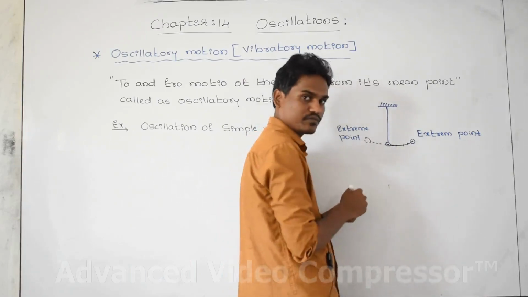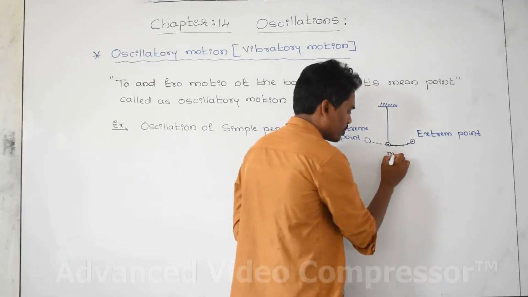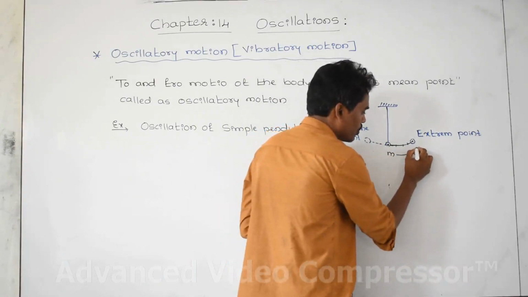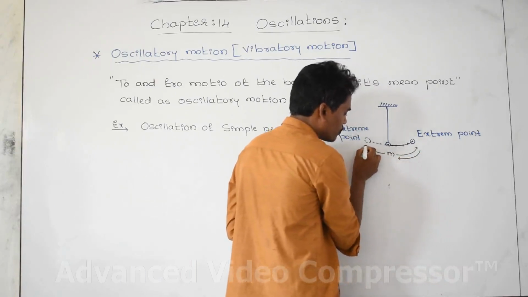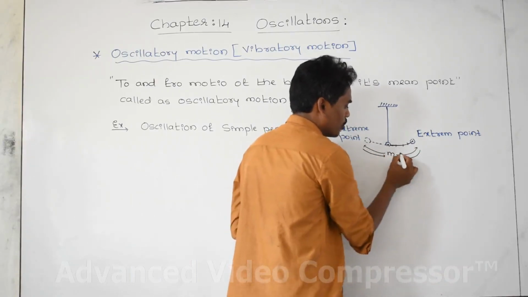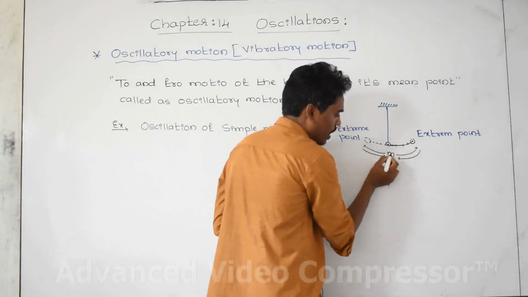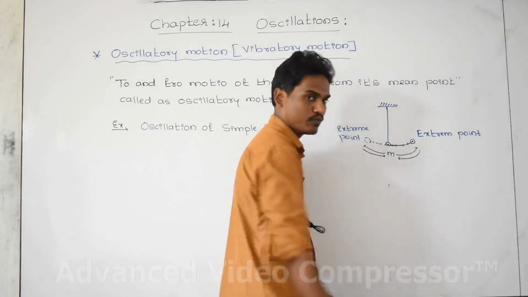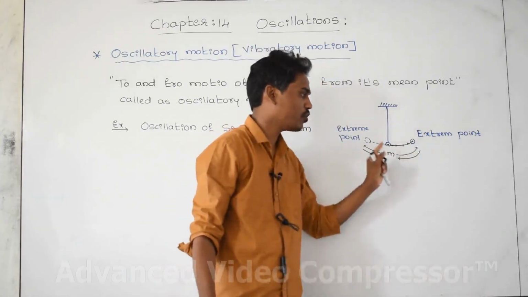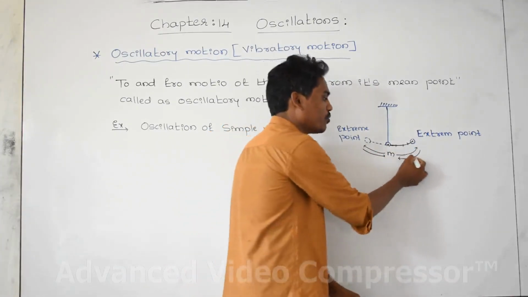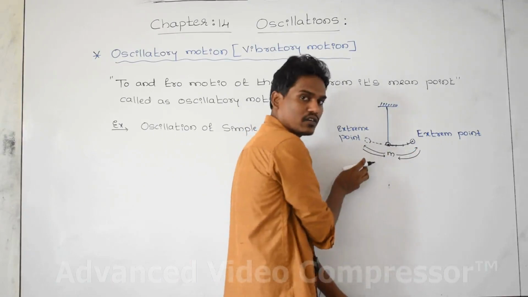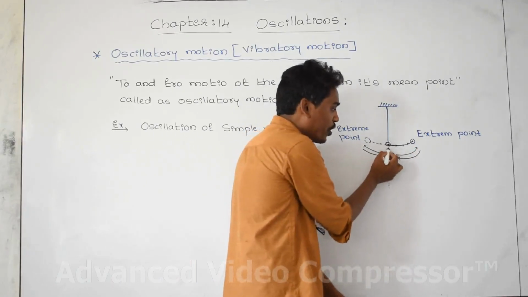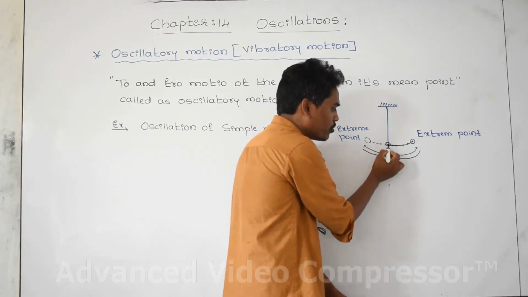From the mean point. This is the mean point. The to and fro motion of the body is from which point? From the mean point.